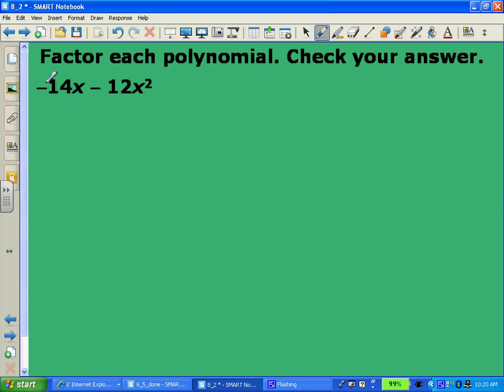Now if they start with a negative sign here, we could take out a -1 first. So we'd have -1 out front, and then we have 14x plus 12x squared.